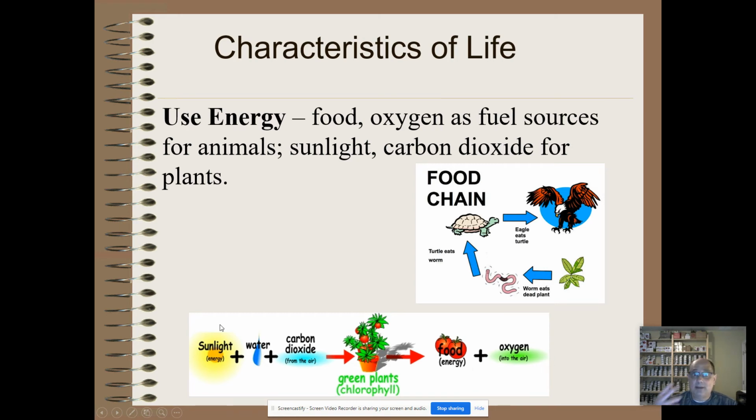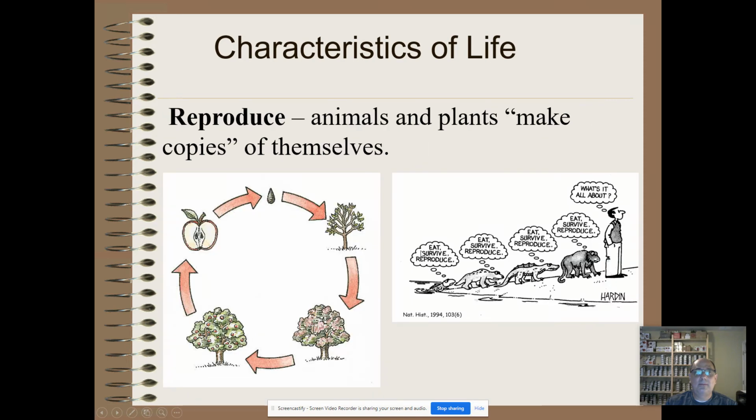I'm sorry, guys, my mind is not working. But again, this is the formula for photosynthesis, right? H2O plus CO2 creates energy, which is in the form of glucose. And then the waste product for the plant is oxygen that we breathe in. So again, number three is use energy.